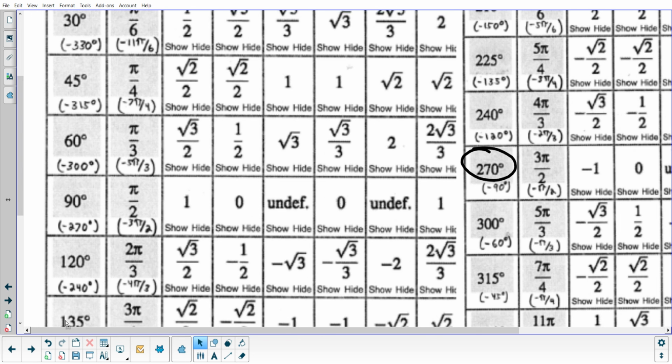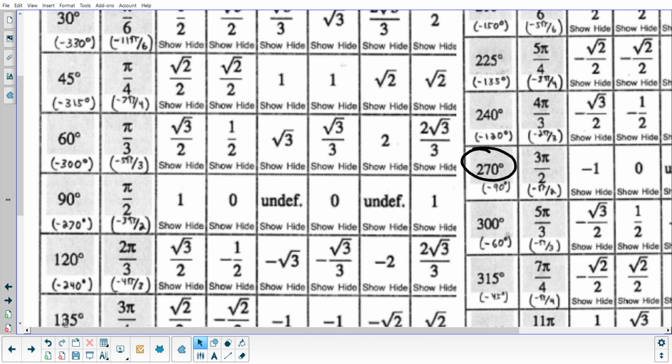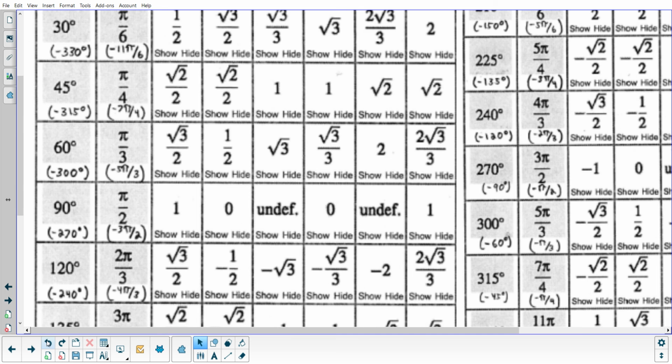Yep. So we either can go with 270 or -90. And what's the one that we would want to pick? Remember what we're supposed to be between. Would it be -90? Yep, you got to pick the -90.